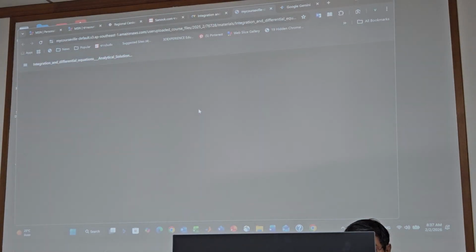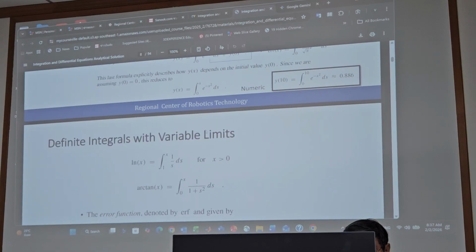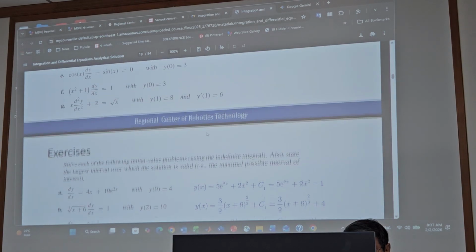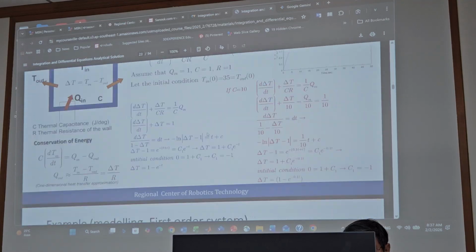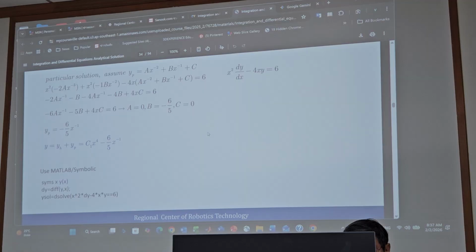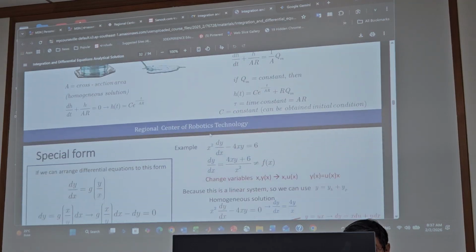This one is a form of equation. Look at this one. You have this one.